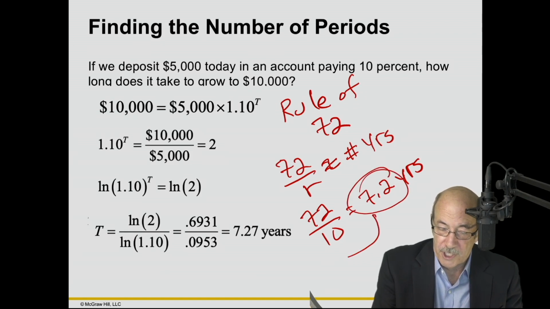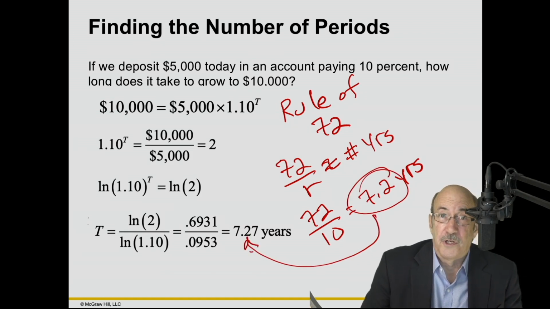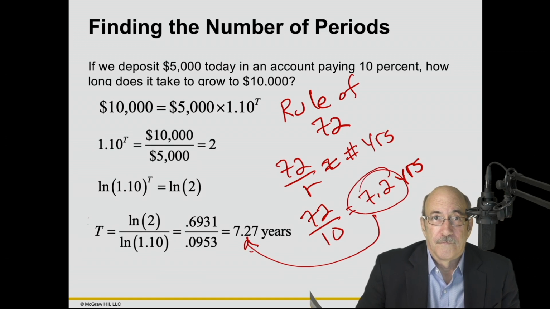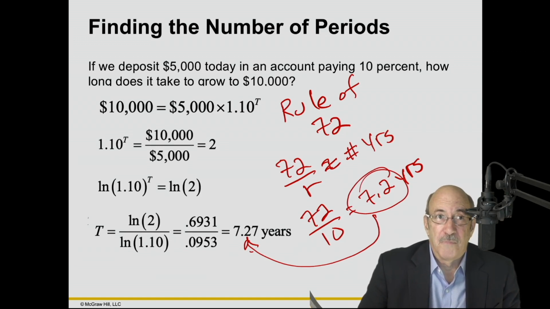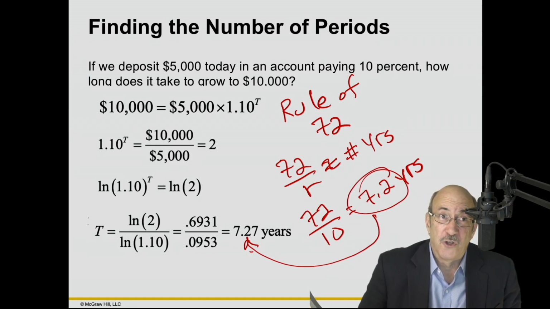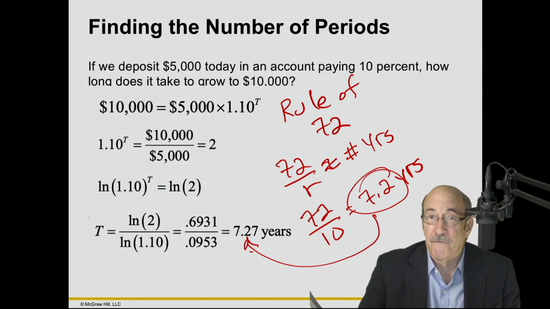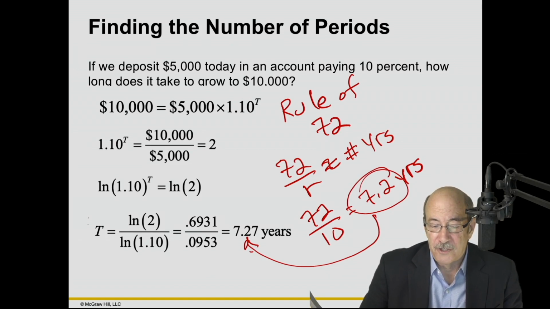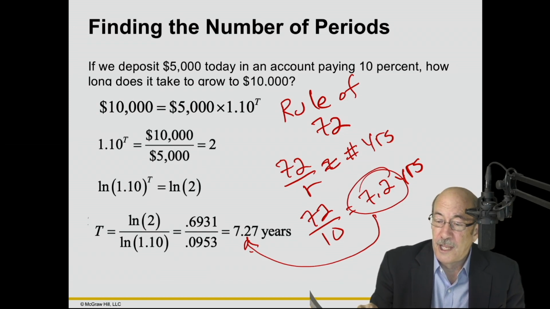Notice we've already got the solution here. It's really darn close. Is it close enough? Maybe, maybe not. Depends on your purposes. But the rule of 72 is a handy, back of the envelope thing. You can do it in your head if the rates are relatively easy, like this 10%. Just move the decimal over. And so that's a really handy thing to have.